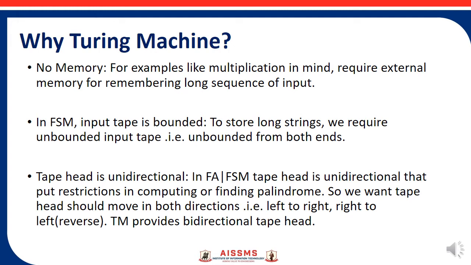In FSM, the tape head is unidirectional. That puts a restriction on computing, for example, finding a palindrome. So we want the tape head to move in both the directions, that is from left to right or right to left.